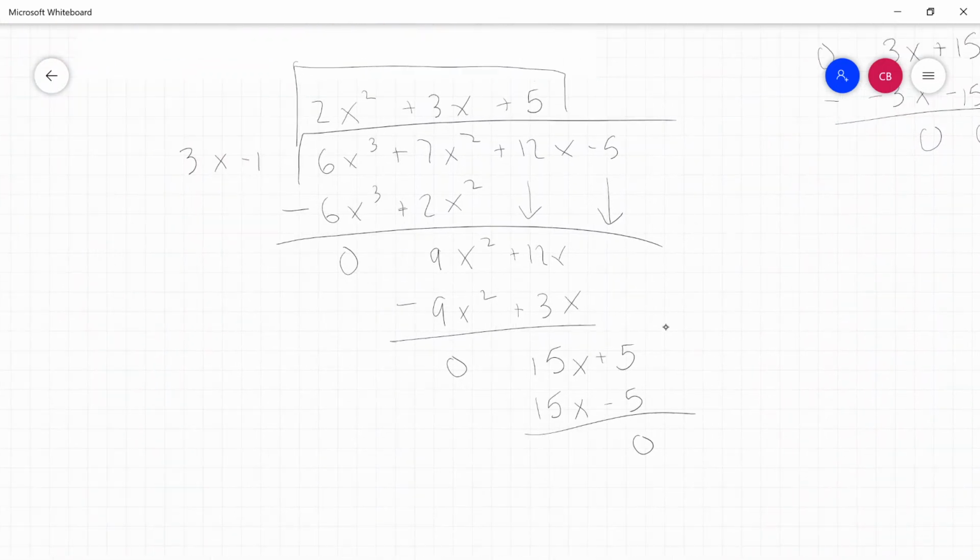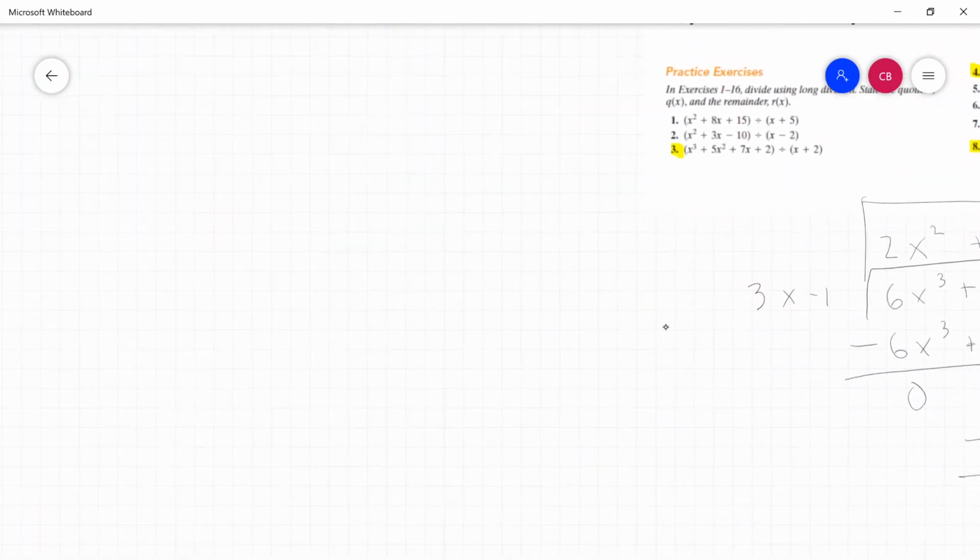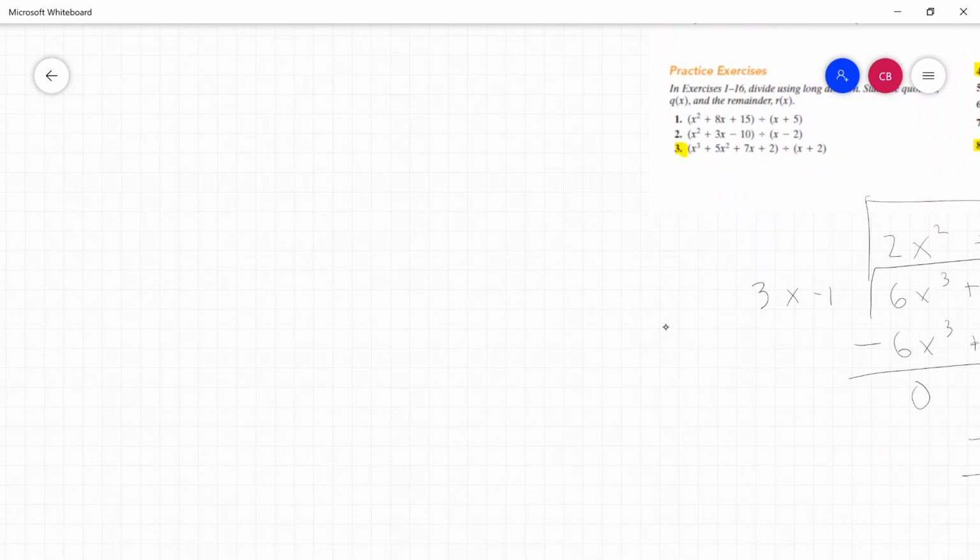Okay, now let's do one that doesn't have a nice solution. So let's do, I don't know, 7x. Now let's do 3x plus 4. We'll do 9x squared.